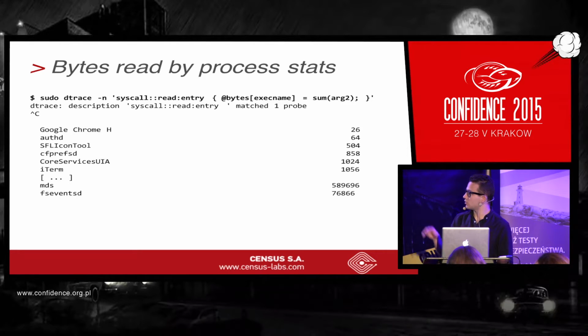And here I only put entry on the read syscall. That's why I only catch read, and I read the third argument, which is arg2, because we count from 0 in C, and I sum that. So the third argument is actually how many bytes the process was reading in that particular read function.